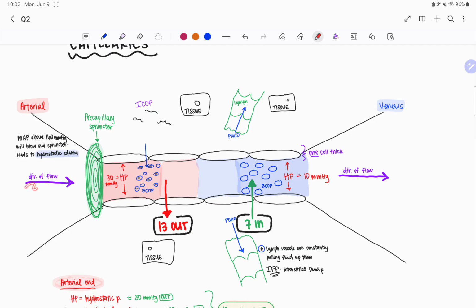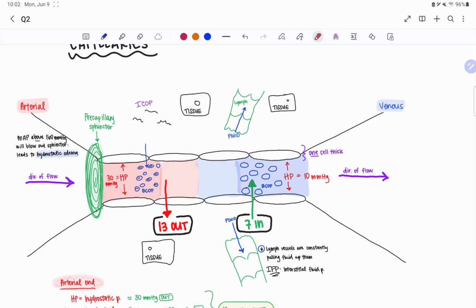Because we want to be able to control how much is coming into our capillary so we don't blow our capillary open or apart, because obviously if it's only one cell thick, there's only so much pressure it can handle before it blows up, right? So that's why we have this precapillary sphincter, to help us regulate how much blood is actually entering the capillary.